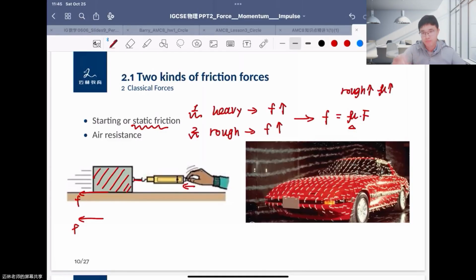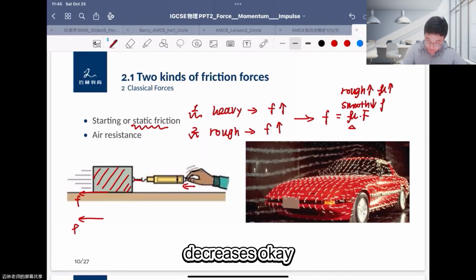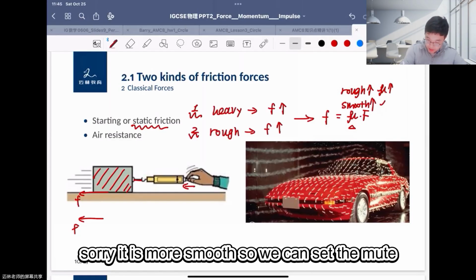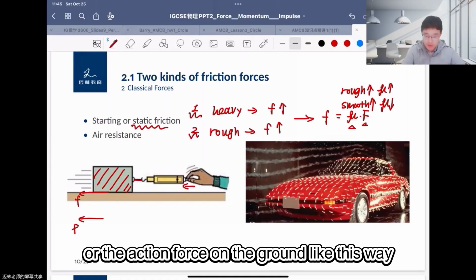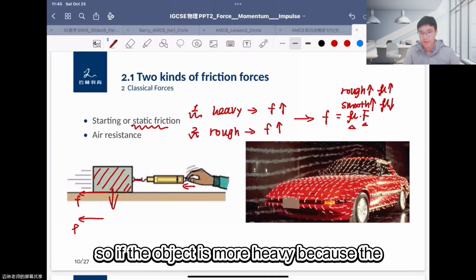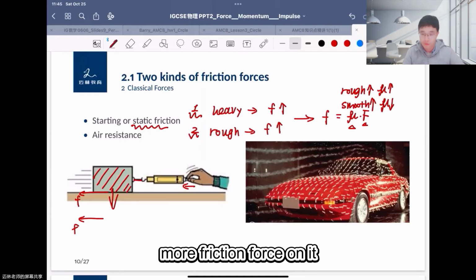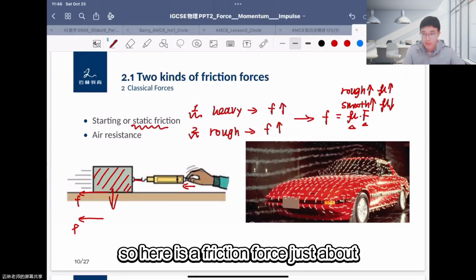Sorry, if it is more smooth, mu decreases. And F means the weight, or the action force on the ground. So if the object is heavier, there is more friction force on it. So that is friction force just about sliding.